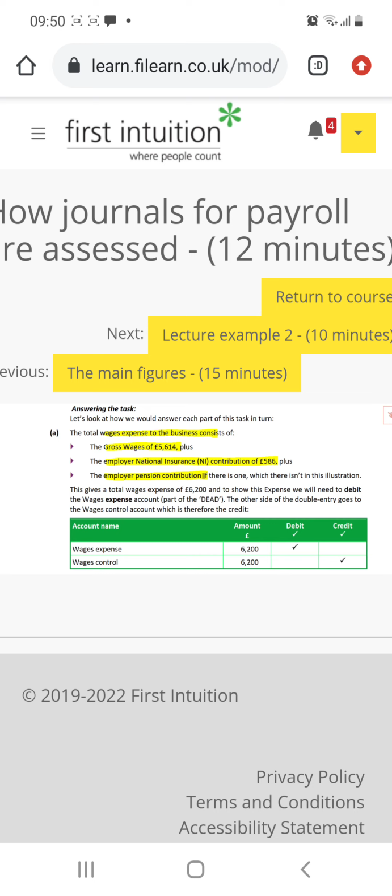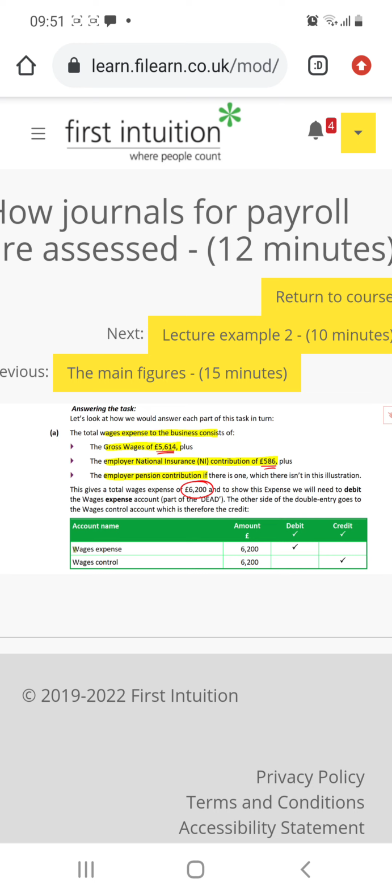In this particular example there aren't any, and there may not be, it just depends on the question you get. But they're the three things that are the cost to the company: gross wages, employer's national insurance, employer's pension. Add up the two figures we've got and we get an amount of 6,200. So that is what we need to post.